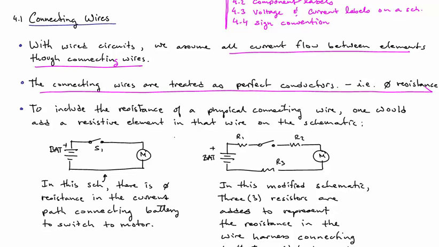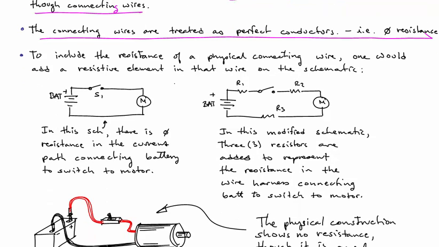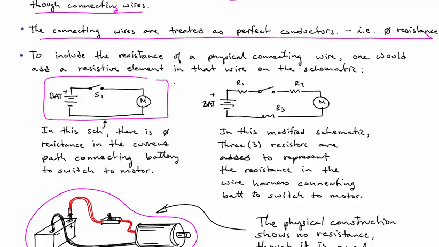When you're analyzing a circuit, we know that in a real circuit, if you see a schematic, for instance, that shows a battery and a switch and a motor, and that really represents this physical system down here, it may turn out that there is significant resistance in the cables, so much so that it affects the current and the speed of the motor. So if you were just trying to represent the physical construction of this circuit, you would use this schematic here.